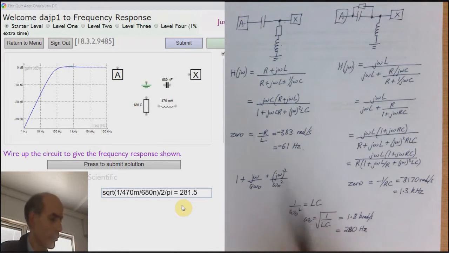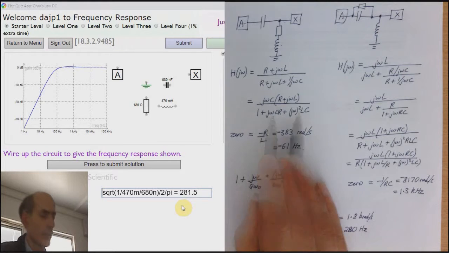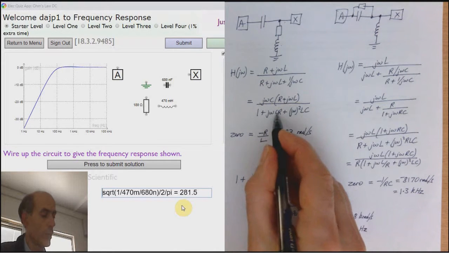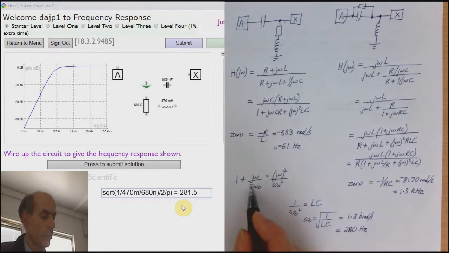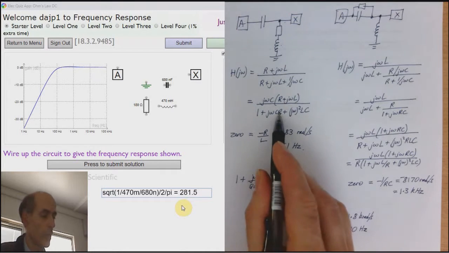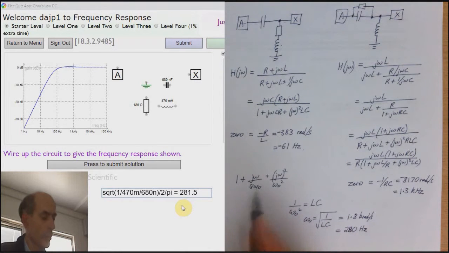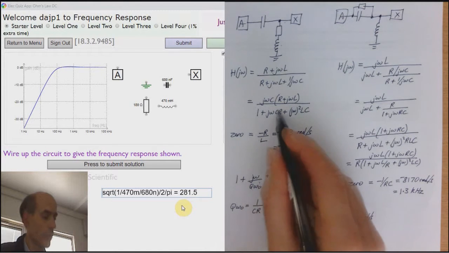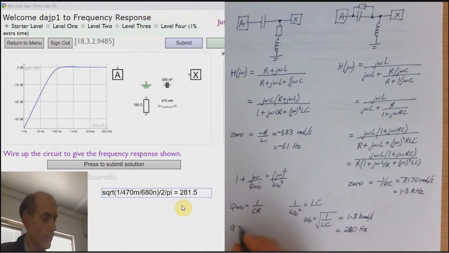Well, the Q factor is different. Here, the term in j omega is CR, which means that comparing this expression here with this expression here, we would have that Q omega naught is 1 over CR, which would make the Q 1 over omega naught times CR.